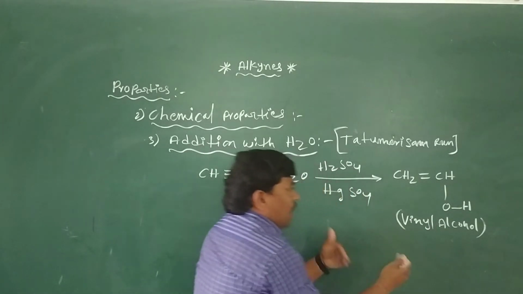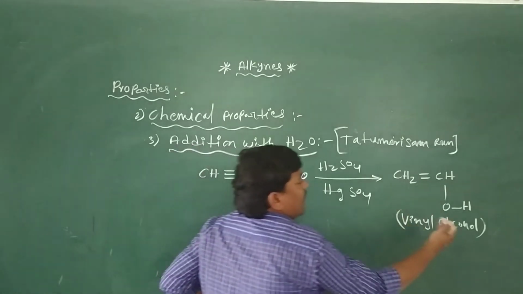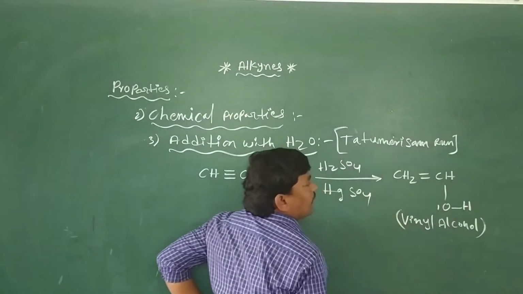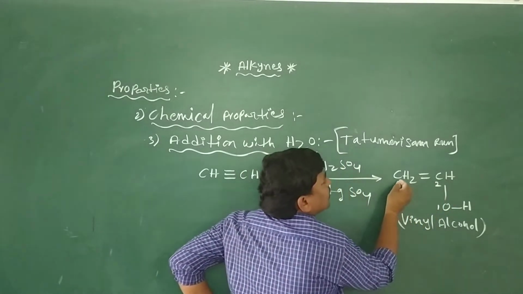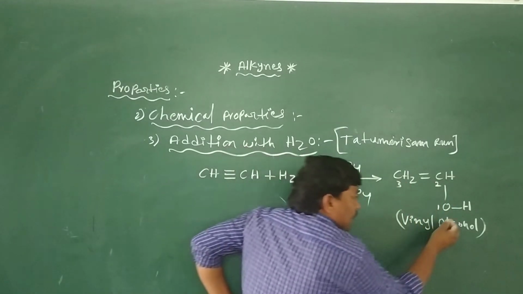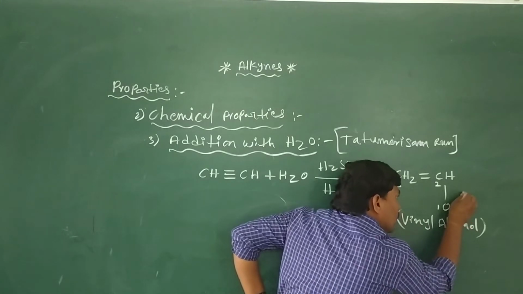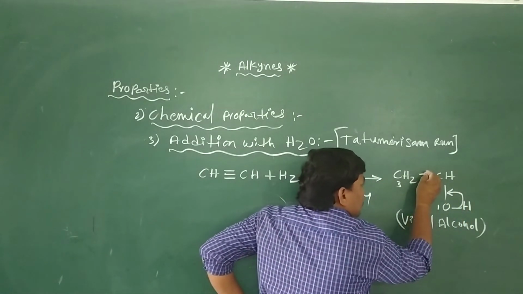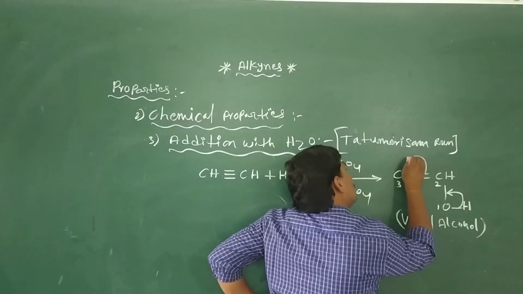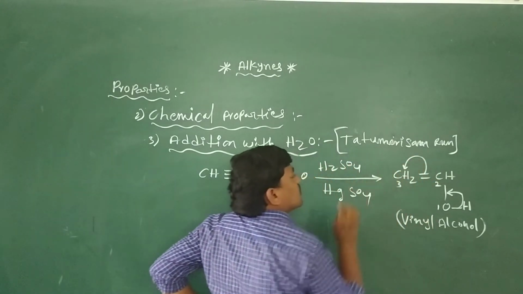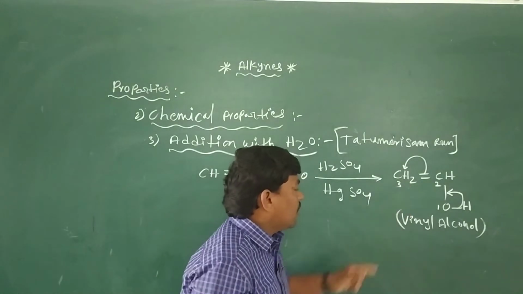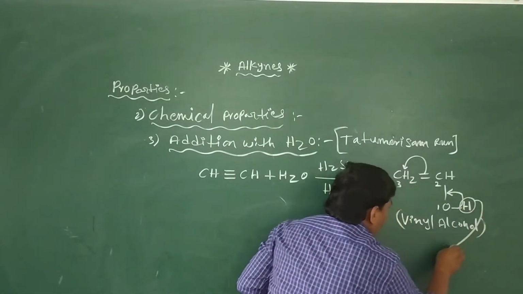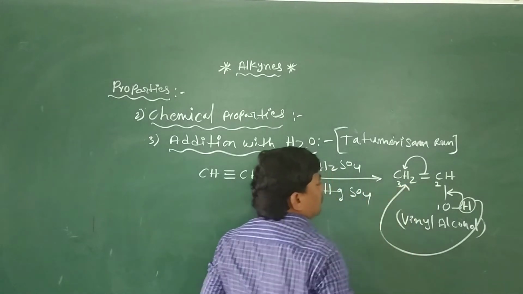Vinyl alcohol undergoes tautomerism. Tautomerism means this is the first position, second position, and third position. This bond shifts, and the double bond shifts to the third carbon position. So hydrogen shifts from the first to the third position.